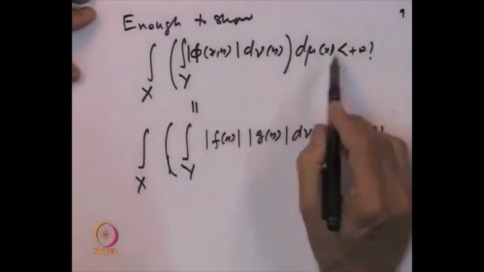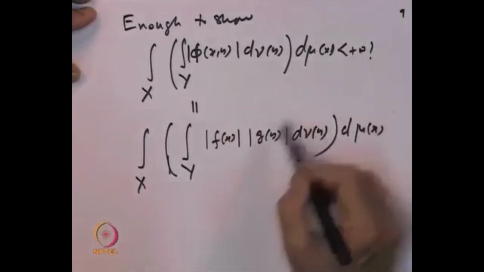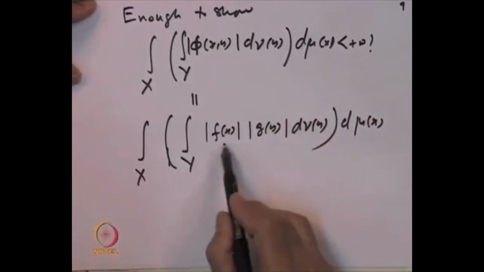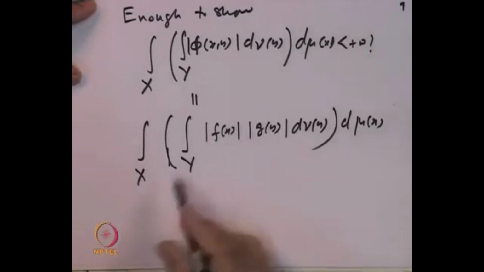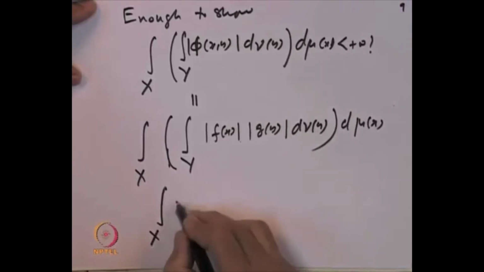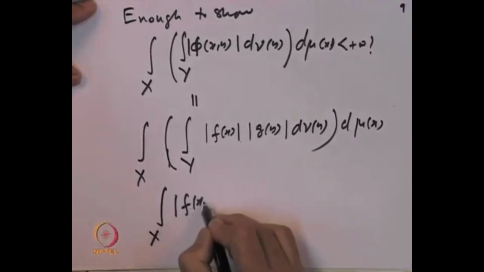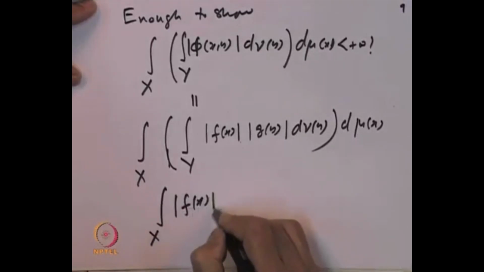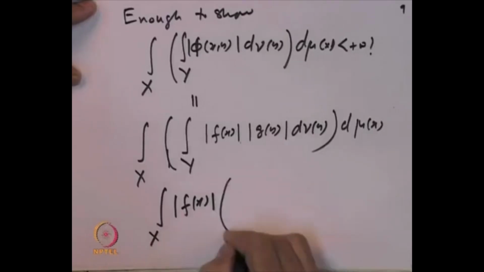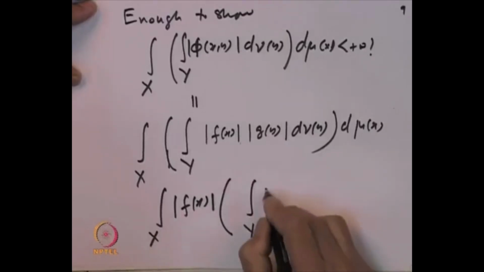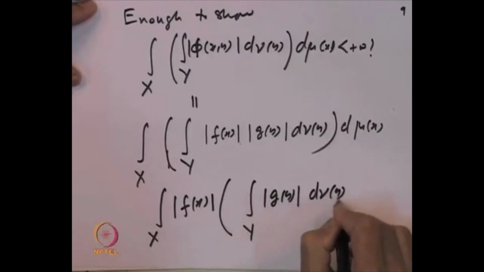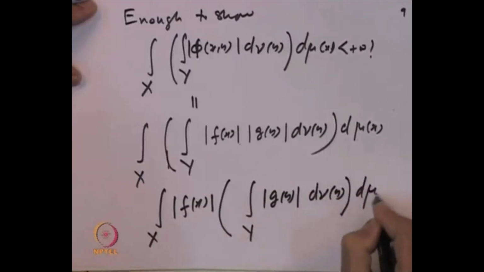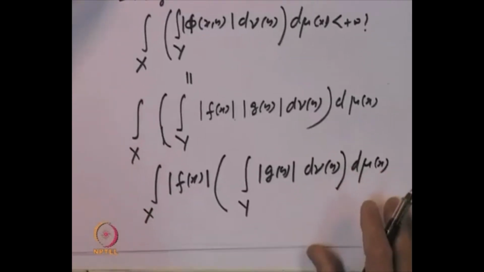So, what we want to show is finite is equal to this. Now, x is fixed, so this is independent. So, it is the integral over x of mod of f x, okay, times the inner integral over y of mod of g y d nu y, d mu of x. Okay.